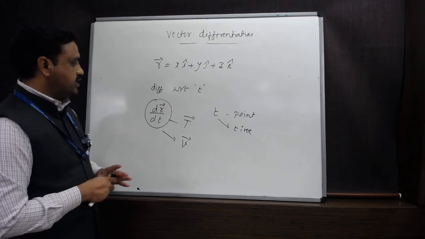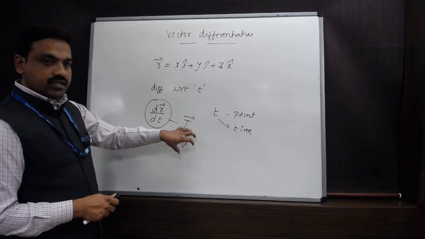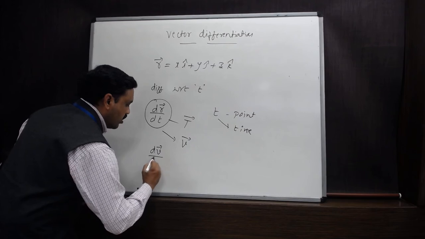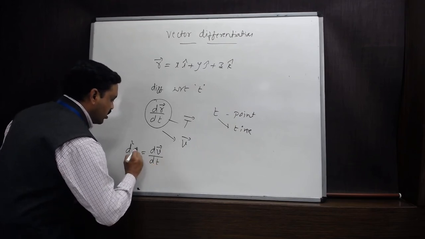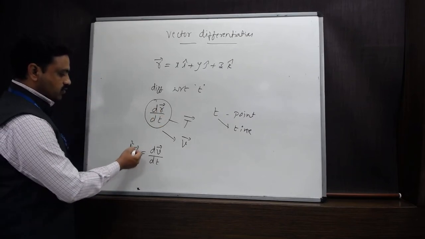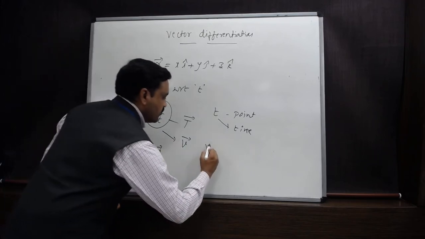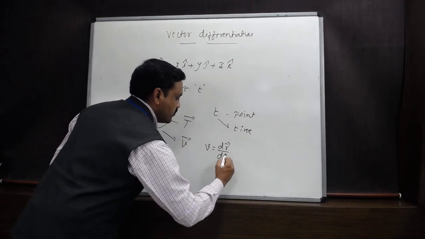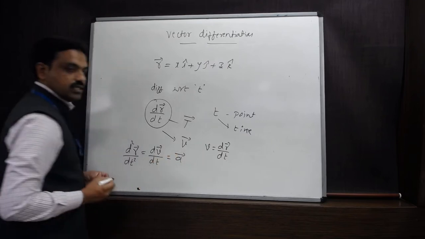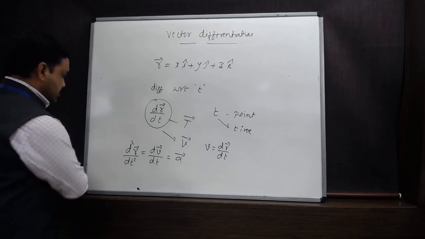So the same dr by dt gives the tangent as well as velocity. And the differentiation of velocity, dv by dt, is the same as d square r by dt square, the double differentiation of r with respect to t, because v is already equal to dr by dt. One time we already differentiated, so another time, d square r by dt square is denoted as acceleration, the rate of change of velocity with respect to time. This is the application of these vectors.